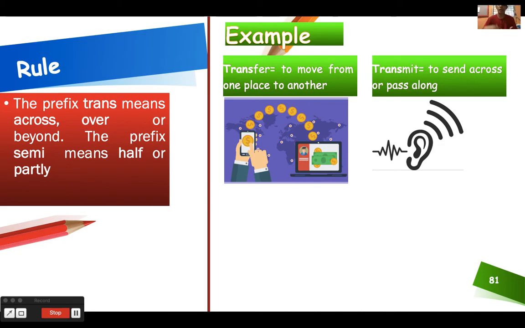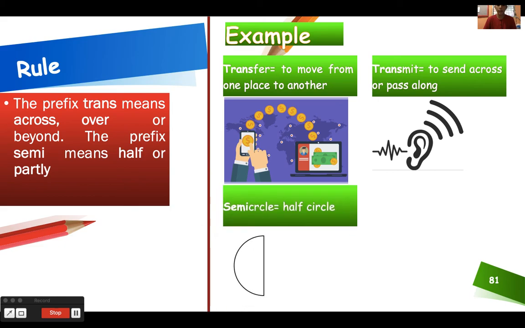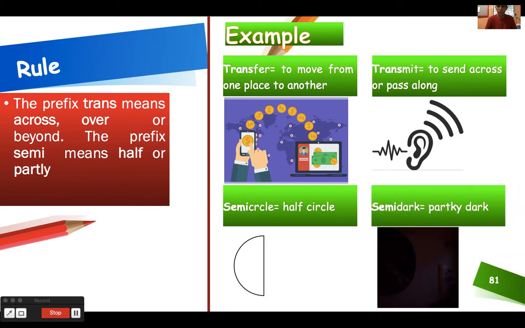Then we have the word semicircle. Remember that semi means the half part of something, the middle of something. We have semicircle. If you see, we don't have a complete circle. We have the half part of a circle. Semi-dark means partly dark.